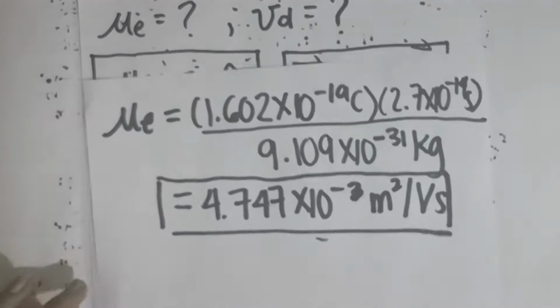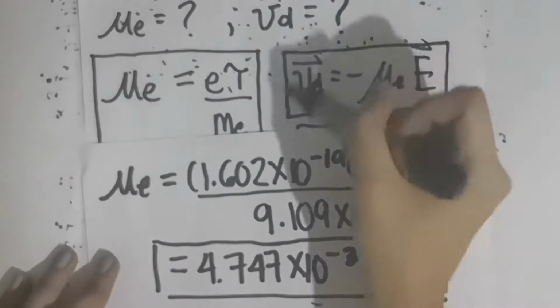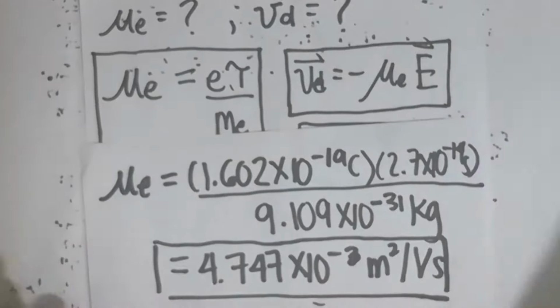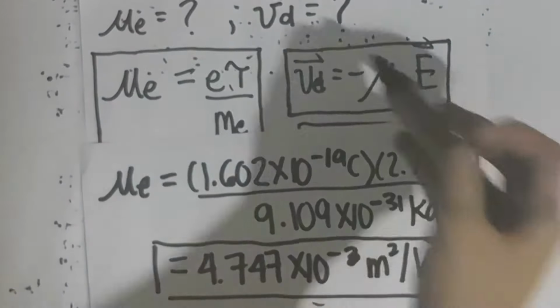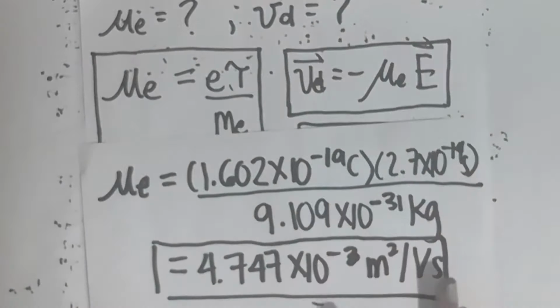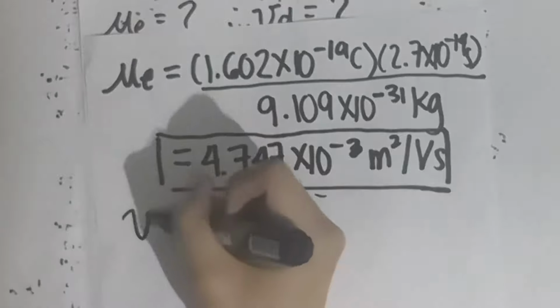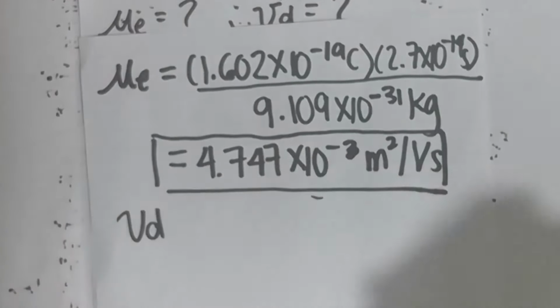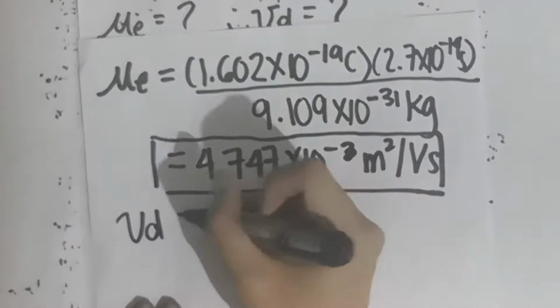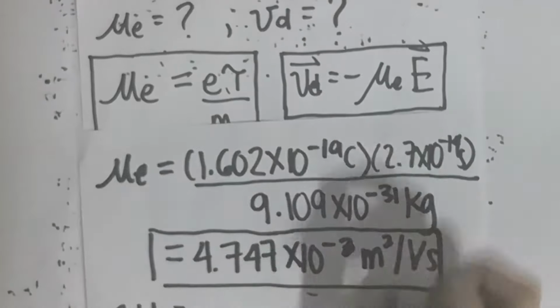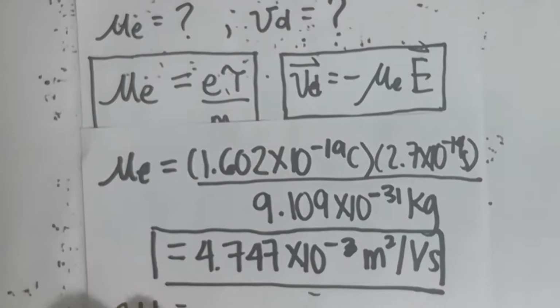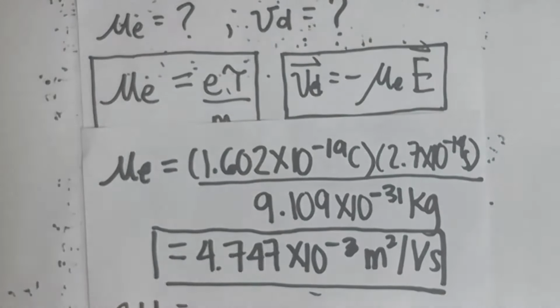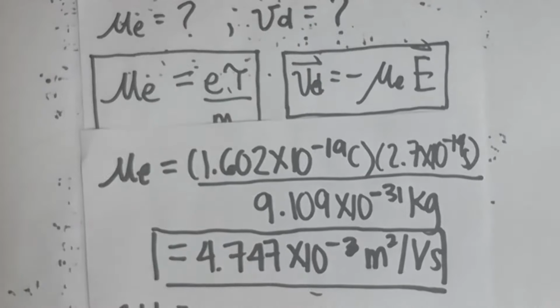If we have to determine the drift velocity, we will be using this equation. The drift velocity is equal to negative mu sub E times the electric field.